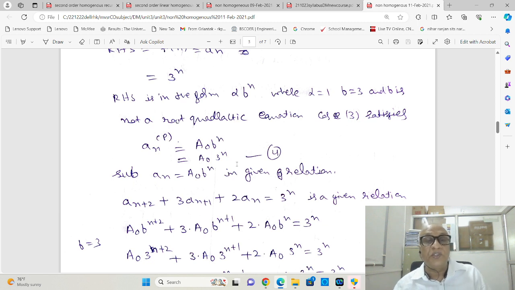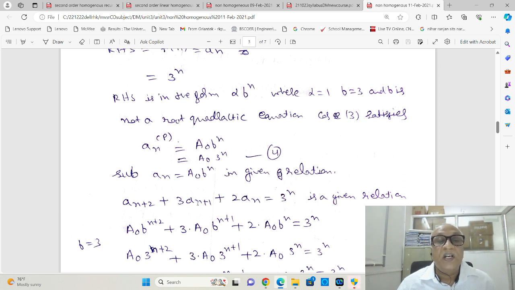This we are going to substitute in our relation. What is our relation? a(n+2) plus 3a(n+1) plus 2a(n) is equal to 3 to the power of n. So wherever I find an, I will be substituting that an with a0 3 to the power of n, or rather a0 b^n. So as it is a(n+2), this will become a0 b^(n+2).